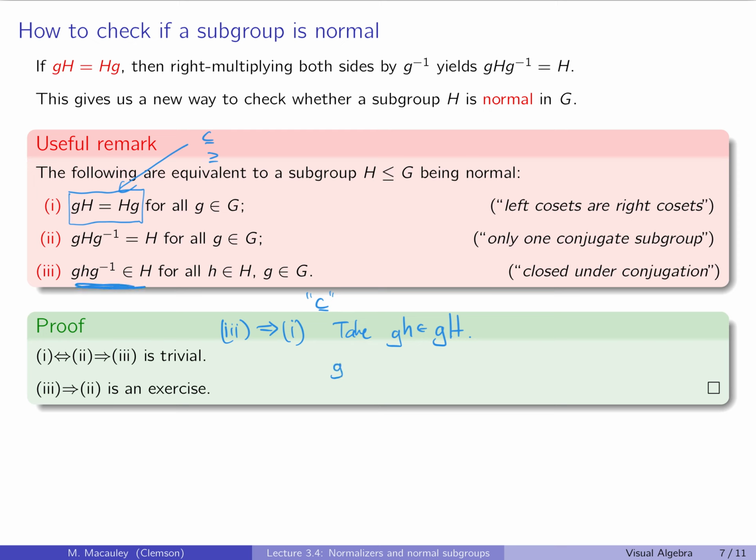Then GHG inverse is equal to some H1 in the subgroup H. Well, that means that GH equals H1G, which is in the right coset HG. And that's it. We took an element in the left coset and showed it's in the right coset. Now for the other containment, you can basically do the same thing and just take G inverse if you want.